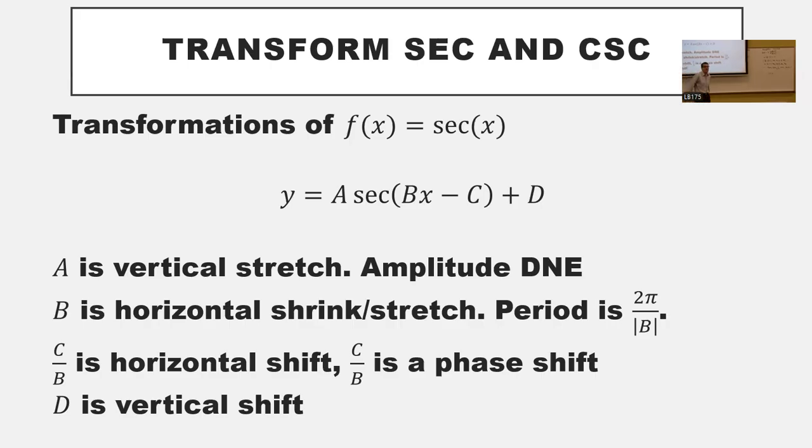Once again, amplitude does not exist here because we can stretch out to positive infinity and down to negative infinity, even though we're missing that middle section between -1 and +1. But the amplitude does not exist. Some people would say amplitude is infinite again.